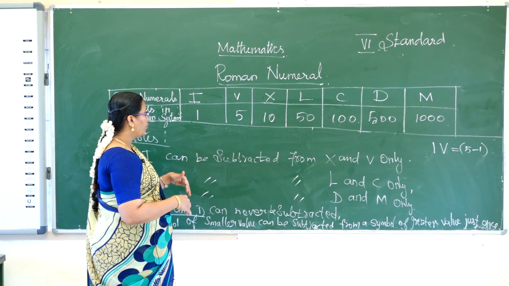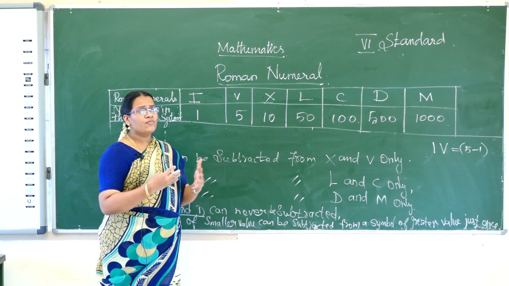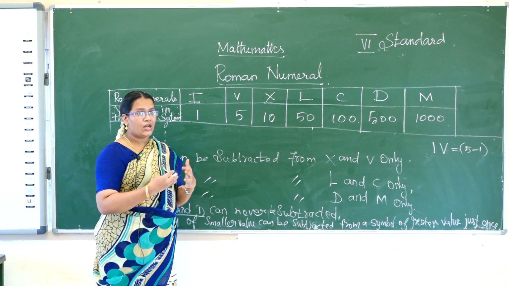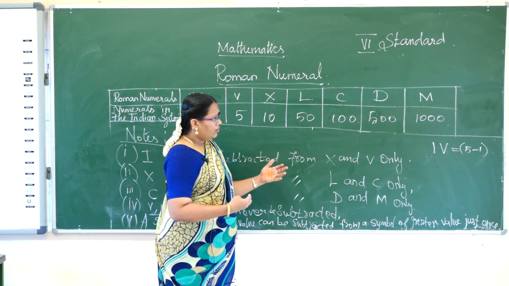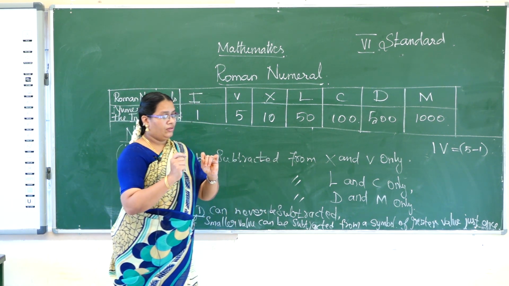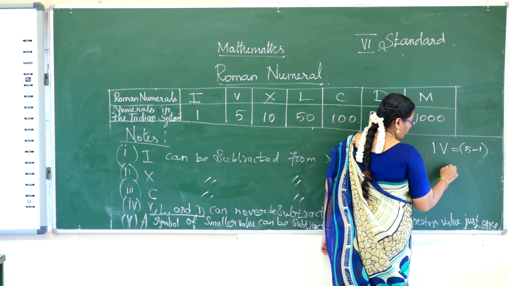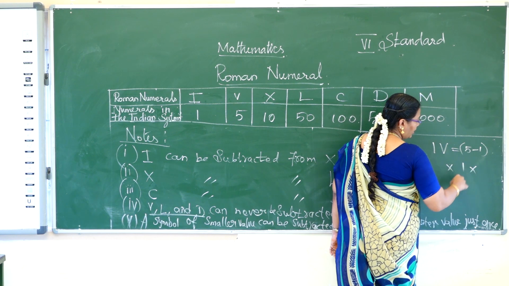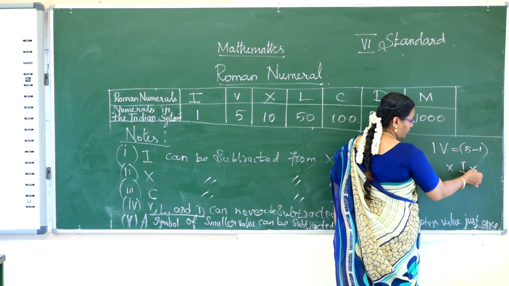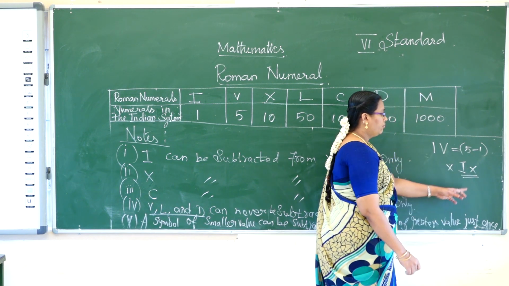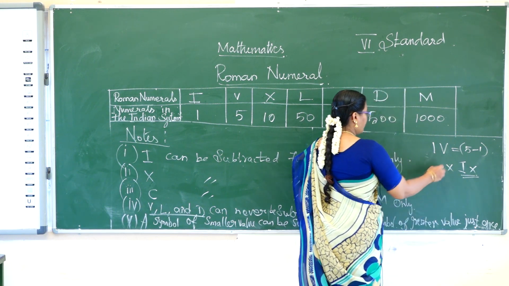And the third rule: the repeated Roman letter is allowed a maximum of 3 times. And the fourth one: 2 greatest values with one smallest value between them, what we do is subtract from this value. Okay, so that is the fourth rule.